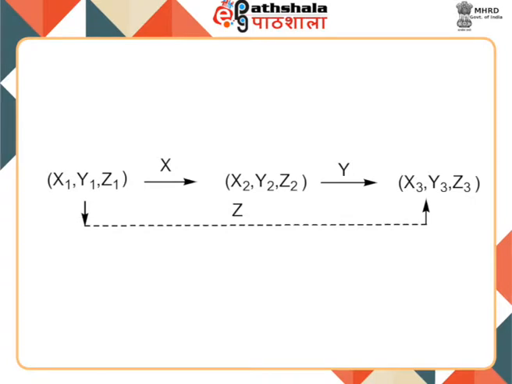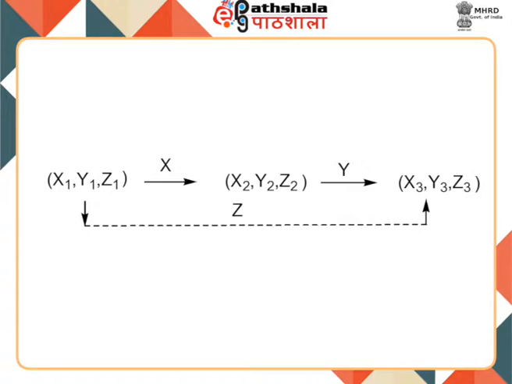If we apply the first symmetry operation X to a point x1, y1, z1, it goes to a new point x2, y2, z2, and on further applying a second symmetry operation Y, let x2, y2, z2 go to the point x3, y3, z3. That is, the net result of carrying out two successive operations is the point x3, y3, z3.